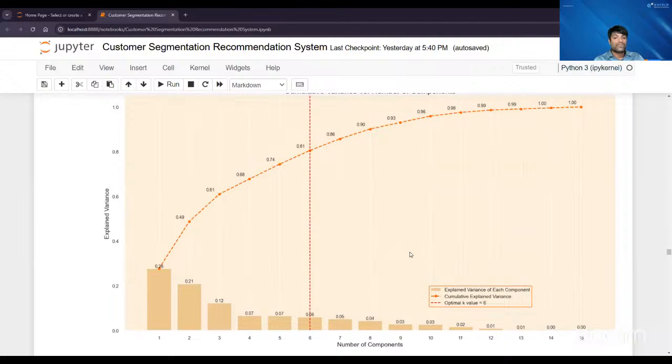That is where you'll be able to figure out which particular feature or component is explaining your outcome variable. So it is very important, please keep this in mind.